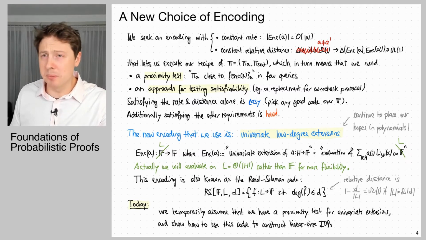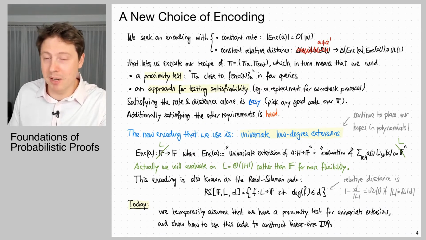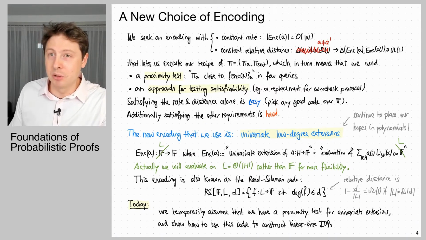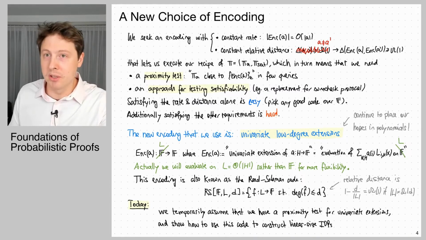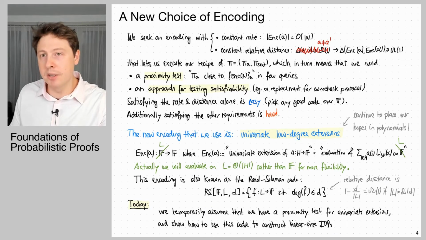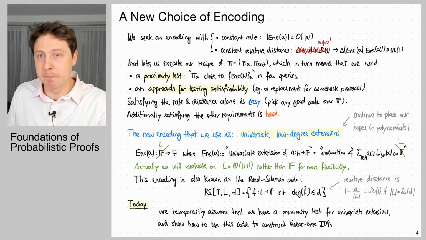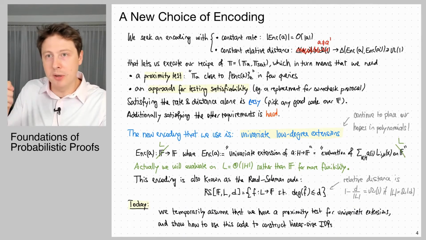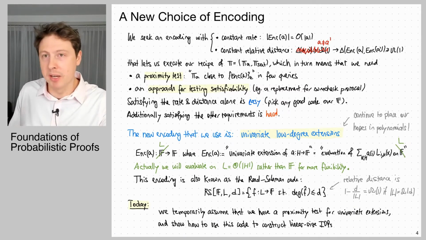This should sound like a big assumption, because when we talked about low-degree testing, we started out actually studying low-degree testing for univariate functions. And if you remember, I mentioned that to test that a function is close to the evaluation of a polynomial of degree d, you're going to need order of d queries. Otherwise, there's just no way you can test it. Because until you ask d plus 2 queries, you have no information about what's going on.